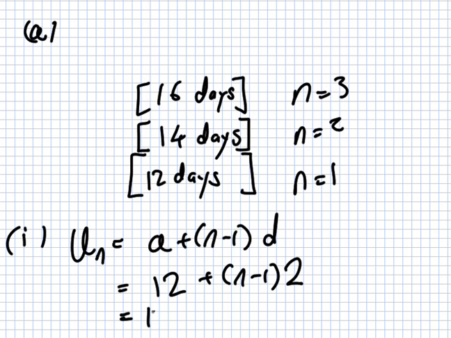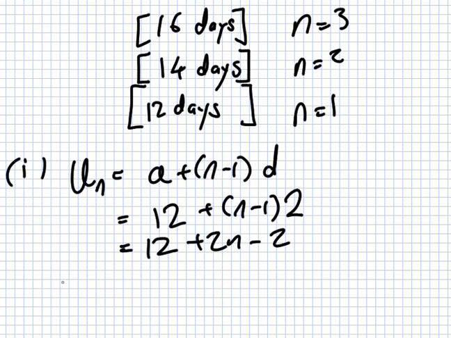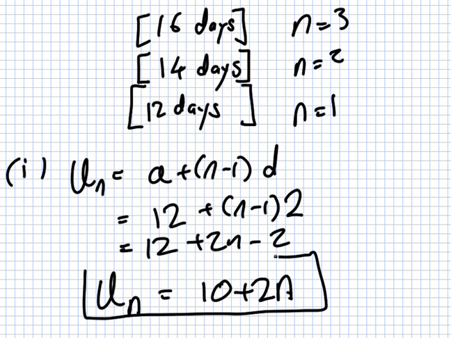So this is 12 plus 2n minus 2. So the answer is the time it takes to build the nth floor is 10 plus 2n. So when n is 1, what do we get? 12, which it is, and when n is 2, 14, and so on. So this is the answer for the first part.